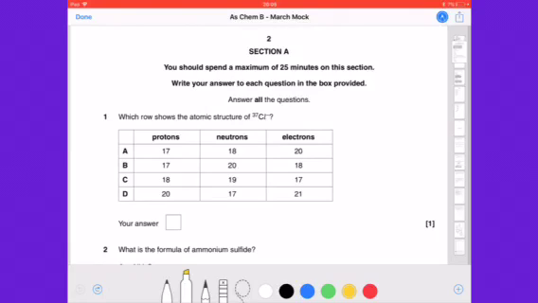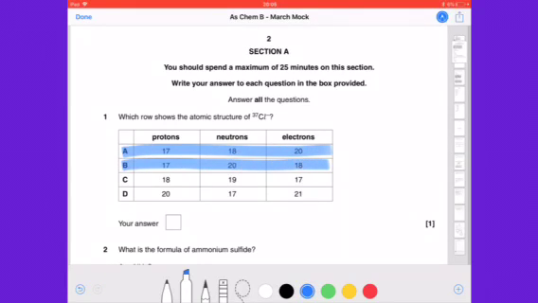So immediately you should identify that chlorine has 17 protons. That narrows down our answer to two possible combinations, which are A and B, because both of those two have 17 protons in.